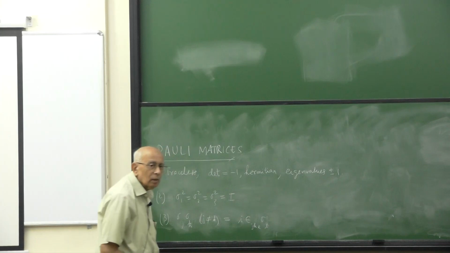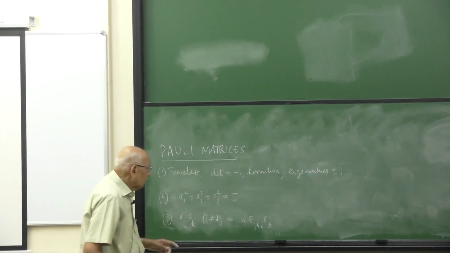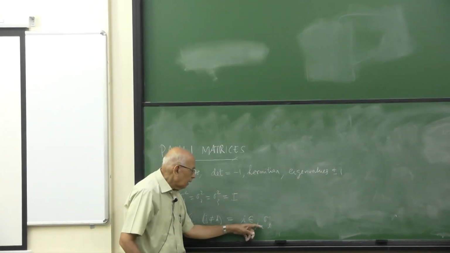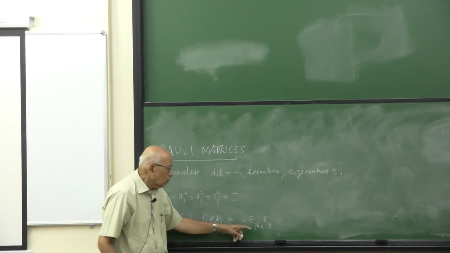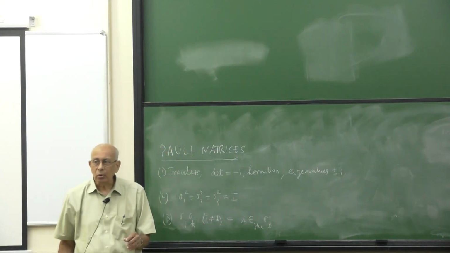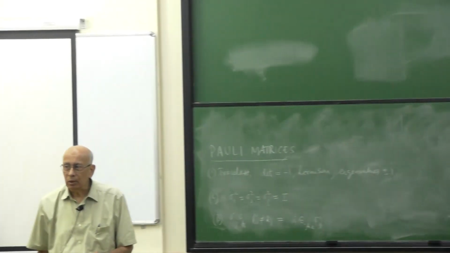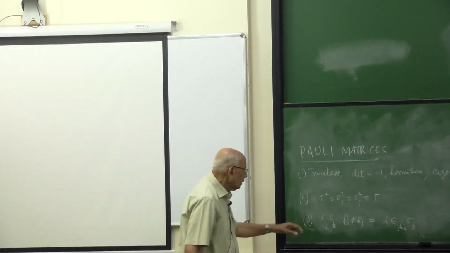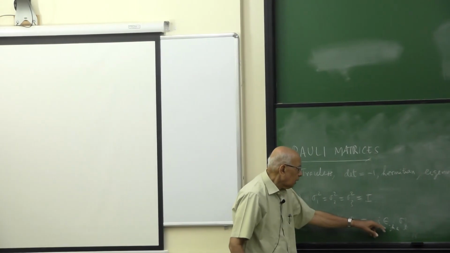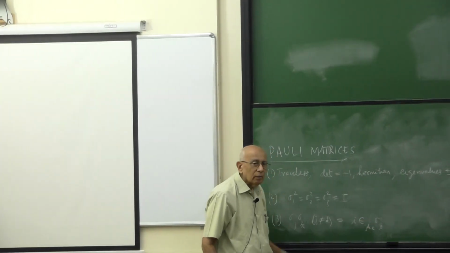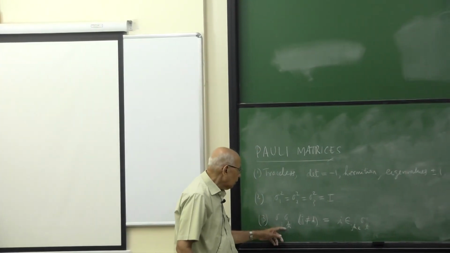I can write it in terms of the Levi-Civita symbol: i times epsilon jkl sigma l, where epsilon is 1 if jkl are in the natural order or an even permutation of it. So sigma j sigma k is i epsilon jkl sigma l. And if you put in 1 and 2, sigma 1 sigma 2 is i sigma 3.